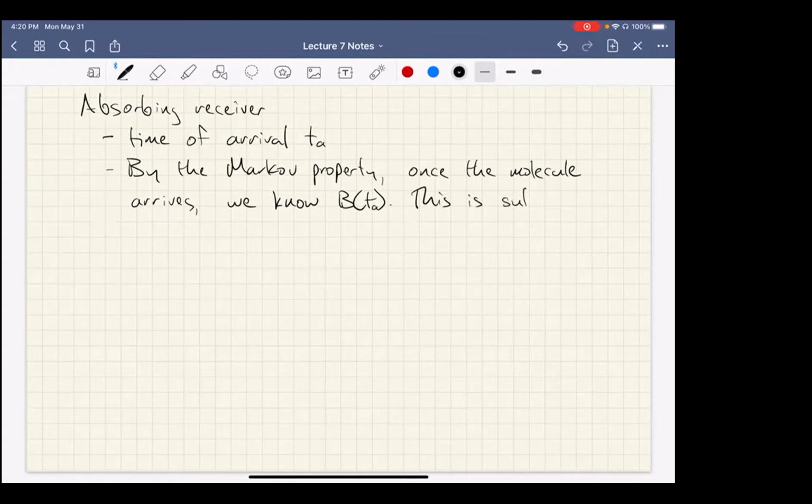to characterize its past. So in other words, all we need to know is TA and the fact that it arrived. What this implies, and also the fact that it's absorbed, is that it only arrives once.